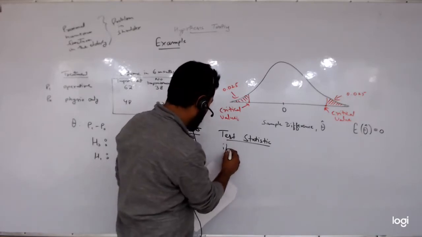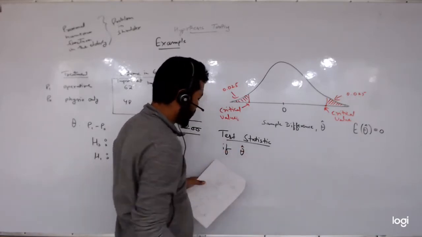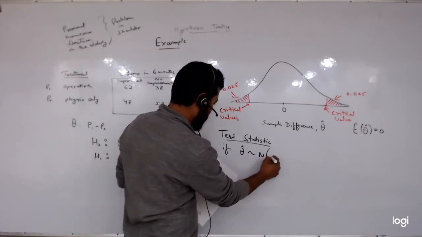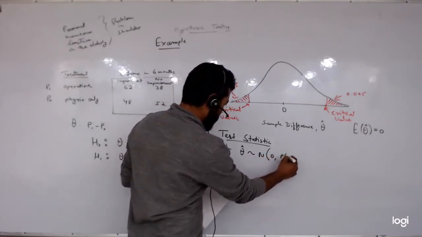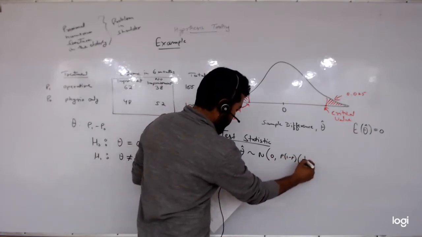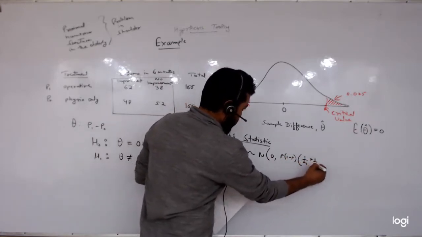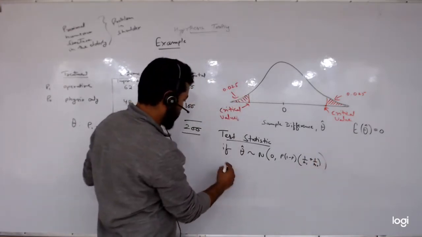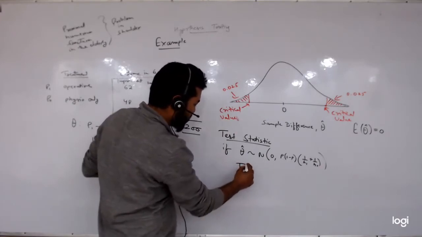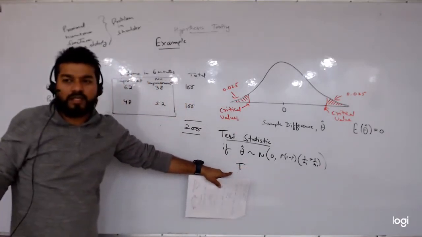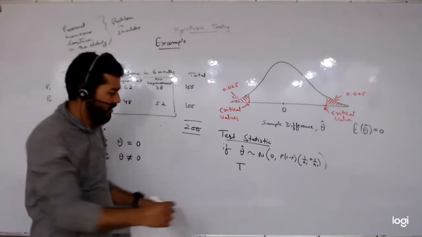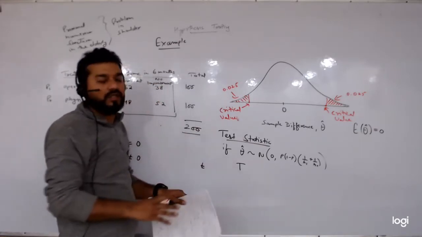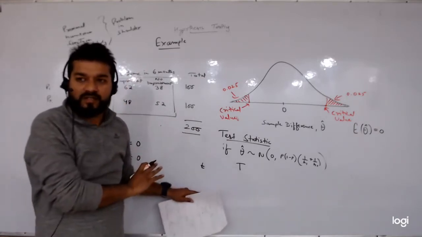Now, if we have our sample statistic following a normal distribution with all this, and let's say our test statistic is t, this t is not related to the t distribution as of now.